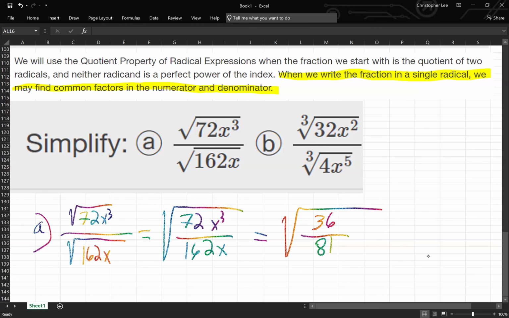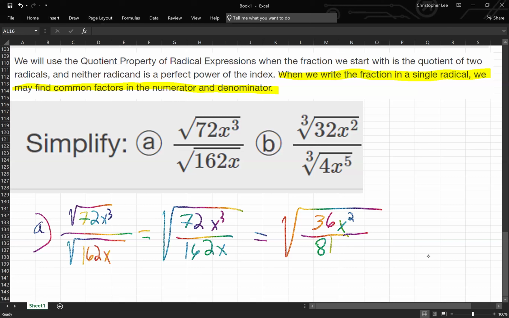And then remember how we divide exponents, always the top minus the bottom. So x to the third minus x is going to give me simply x to the second. I'm going to write the x to the second next to 36 right here. And then now I have a perfect square in the numerator and the denominator.